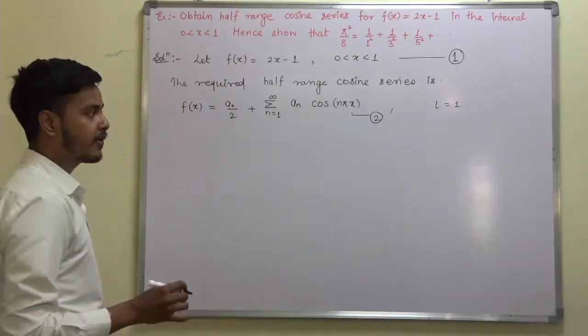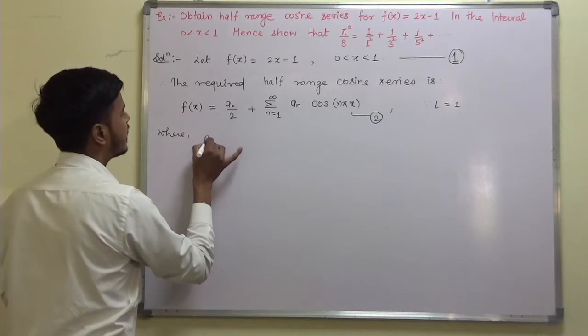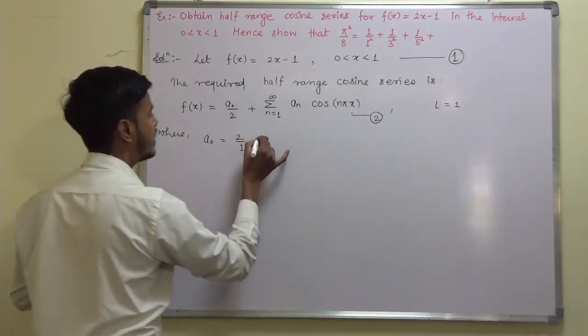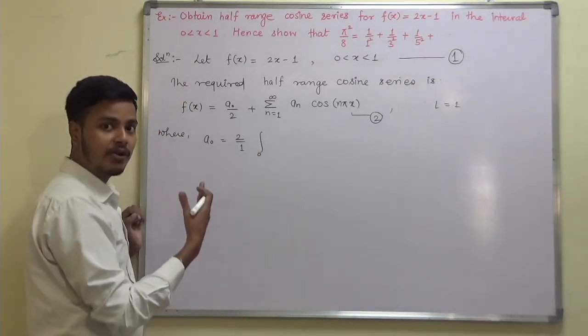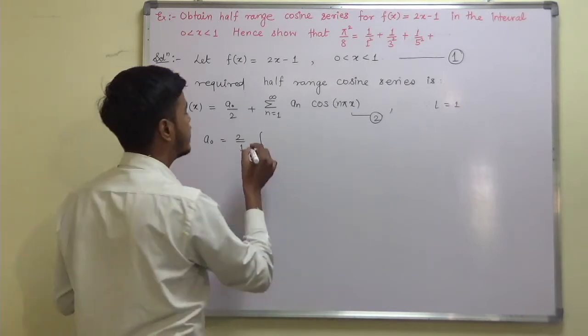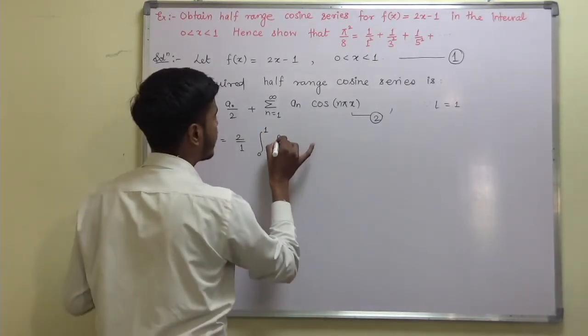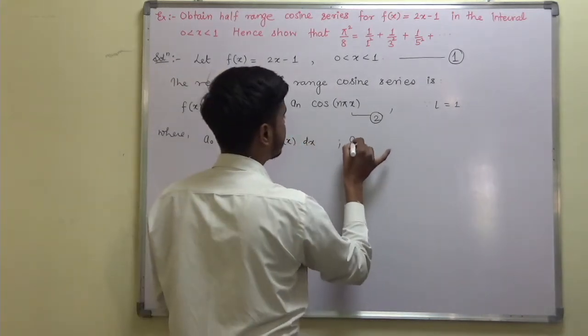Okay, now what is a0 and an? Where a0 is 2 by L. So here L is equal to 1, so 2 by 1. Intentionally I am writing 2 by 1 to get the feeling of that 2 by L integration 0 to 1 f of x dx, and what is my an?